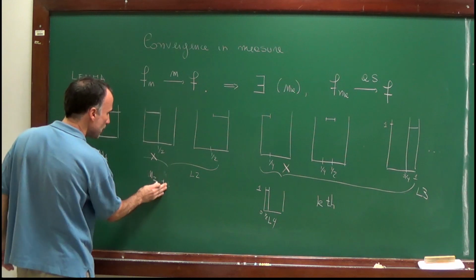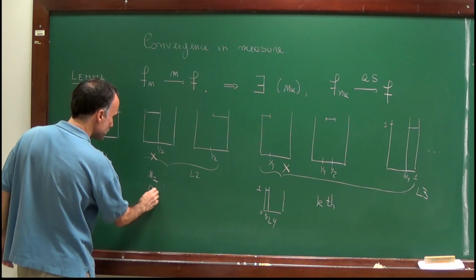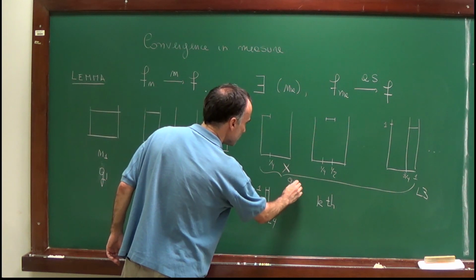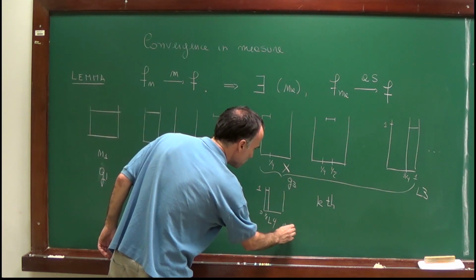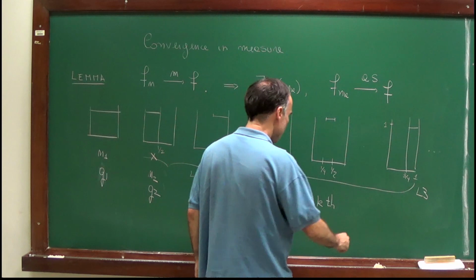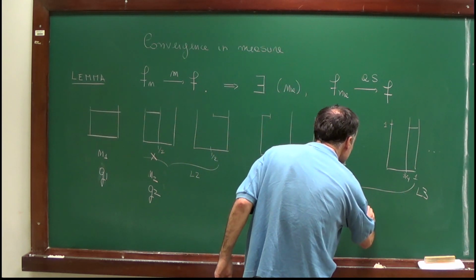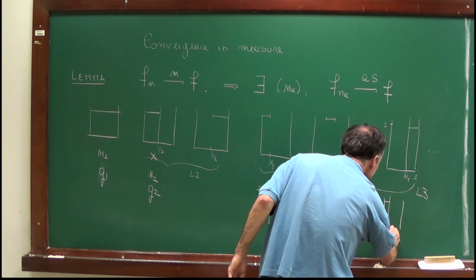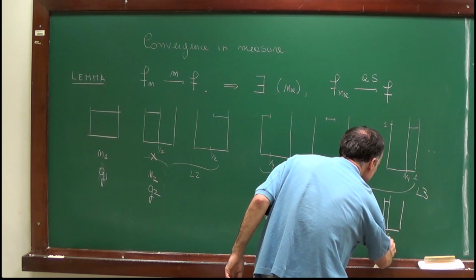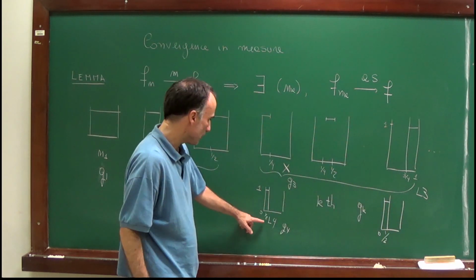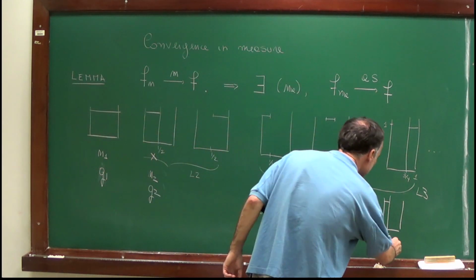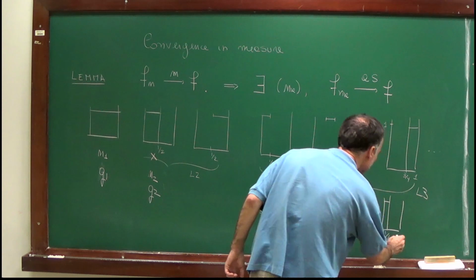So this is G1, this is the function G2, that will be my function G3, this one is G4, and the function Gk will be the function which is equal to 1 from 0 to 1 divided by 2 to the power k plus 1.